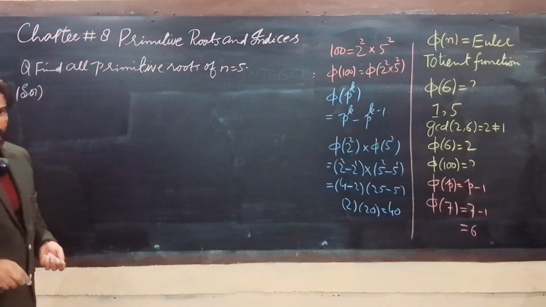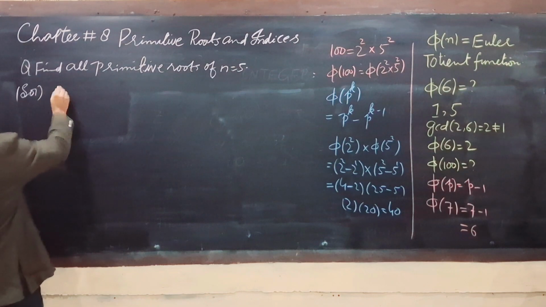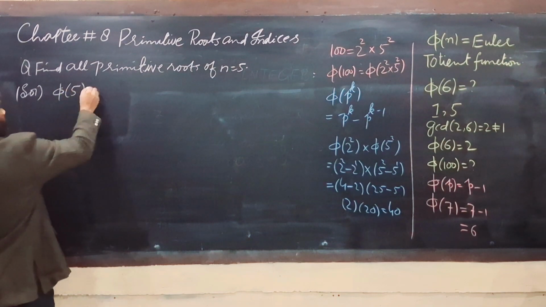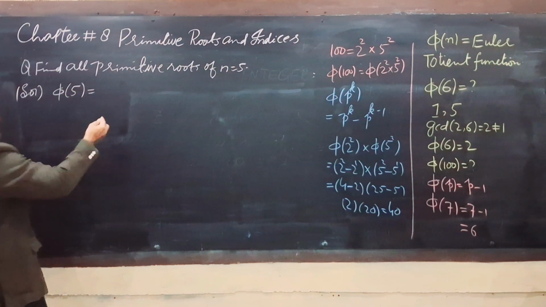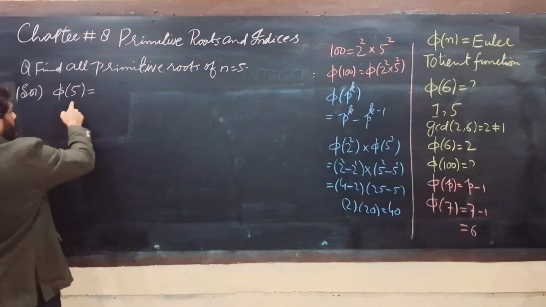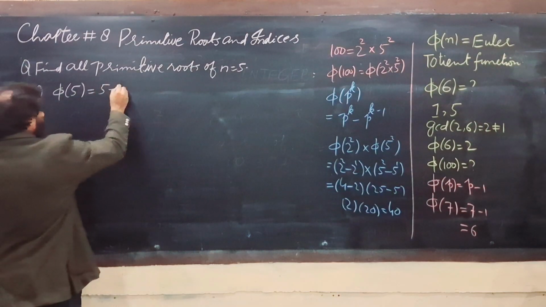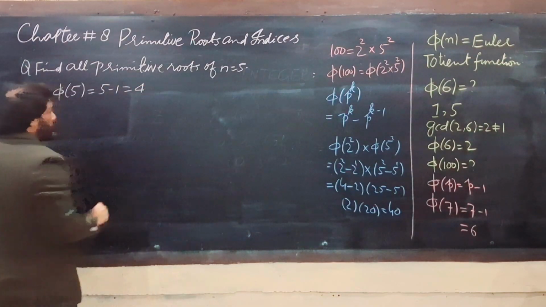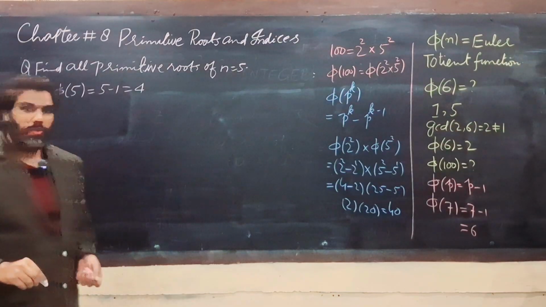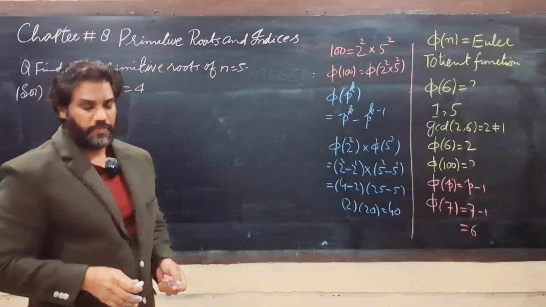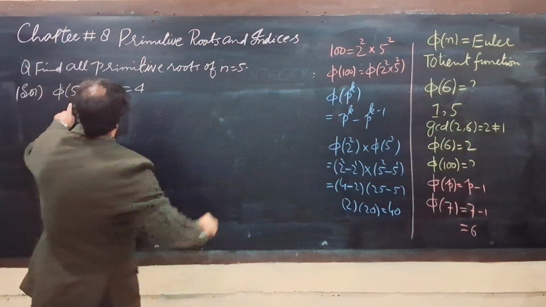First of all, we will calculate phi of 5. 5 is a prime number, so phi of 5 is 5 minus 1, which is equal to 4. This shows that there are 4 positive integers which are relatively prime to 5.